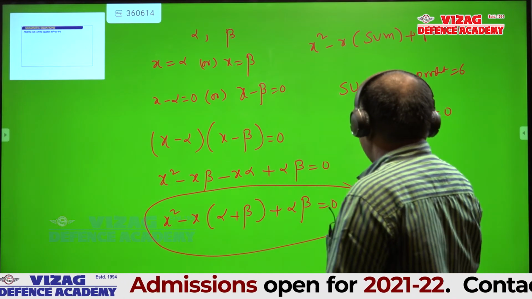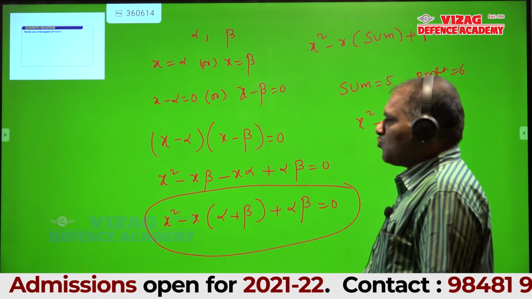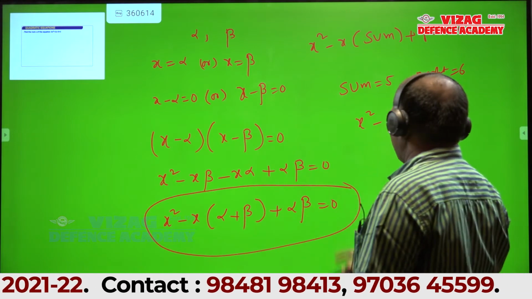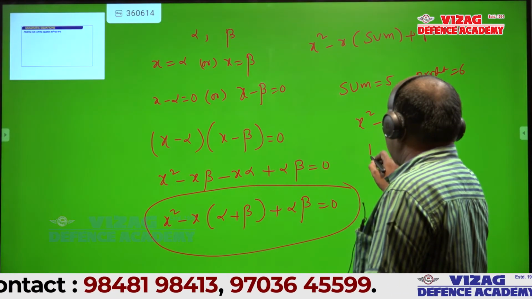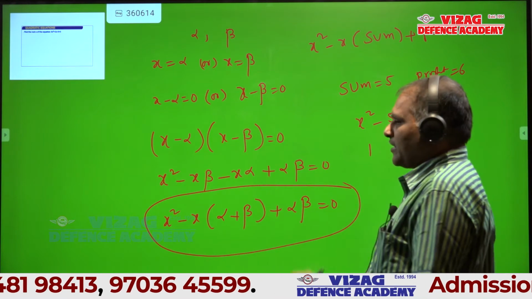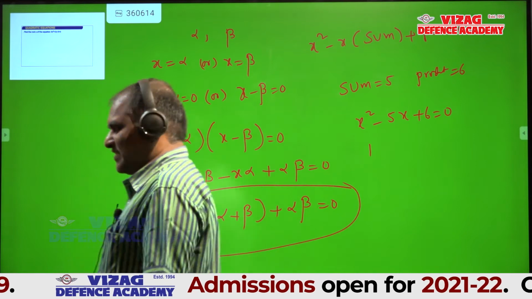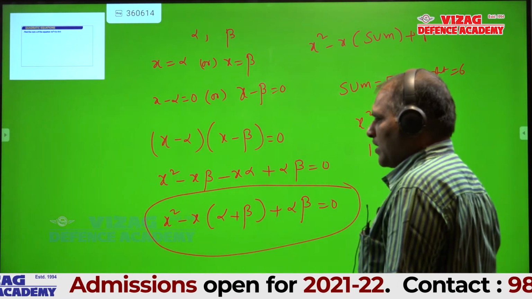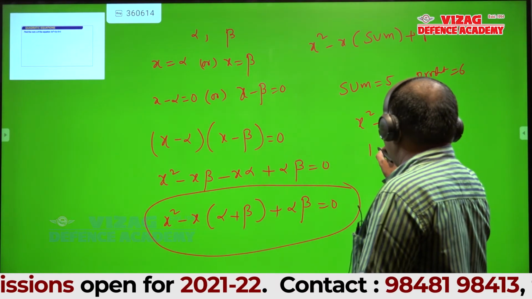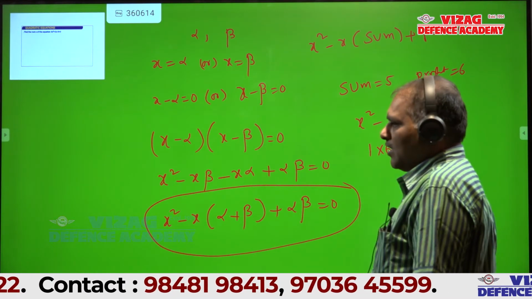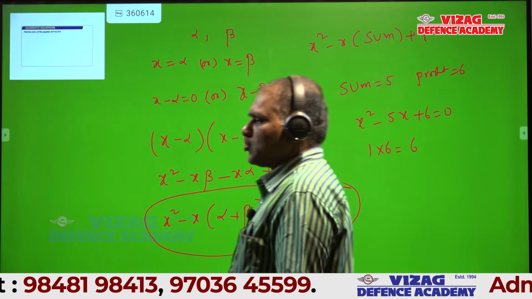Listen. Here, what is the coefficient of x square? 1. What is the constant value? 6. With the signs you can take. That means 1 into 6 you can multiply, getting 6, and you can get that positive only.